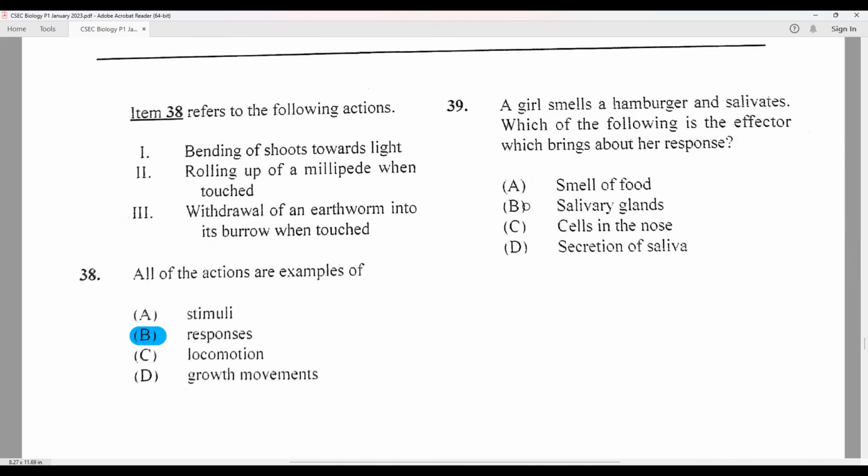The salivary glands is where the saliva comes from. Remember, they ask you for what brings about her response. Her response is salivation. That's the response. And they ask, what is the effector which brings about her response.